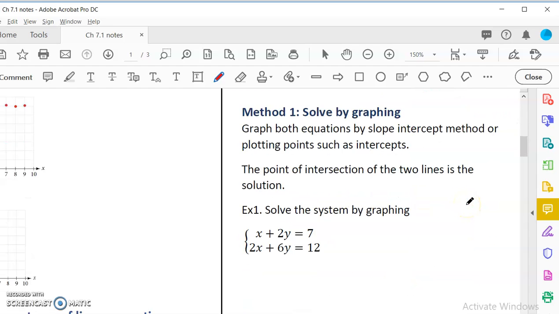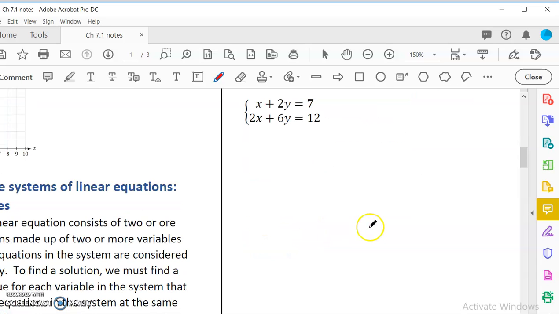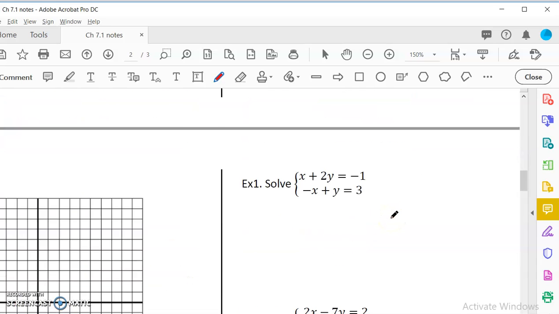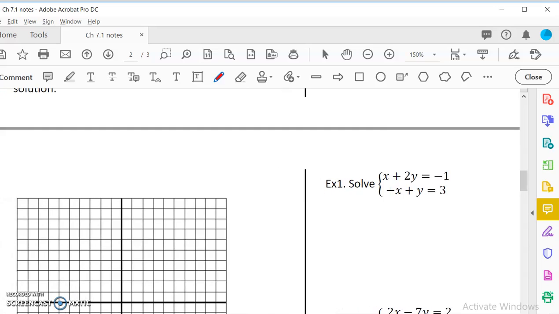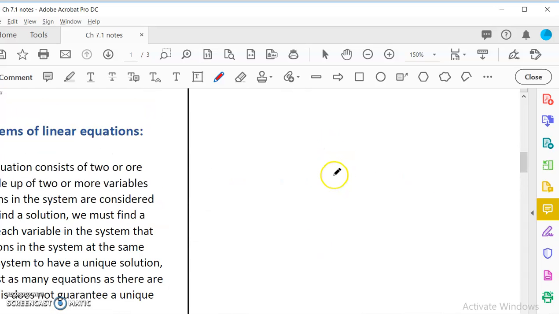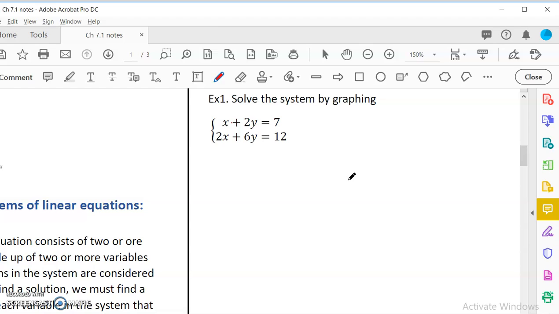So let's look at how we can solve by graphing. Because you have 2 variables, you can graph them. My graph is on the next page. There are multiple ways you can graph it. This is a preparation stage.